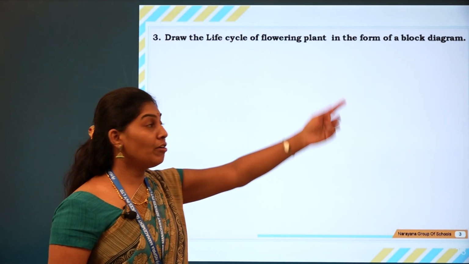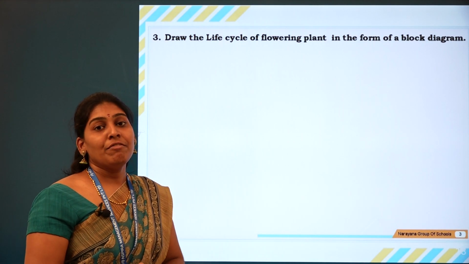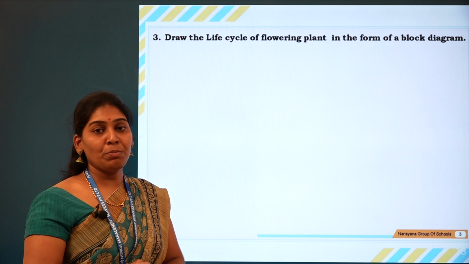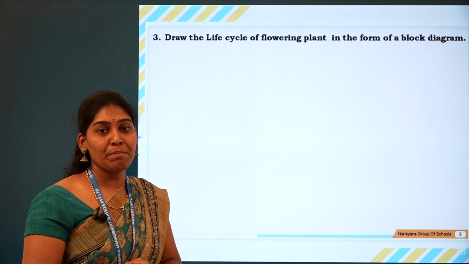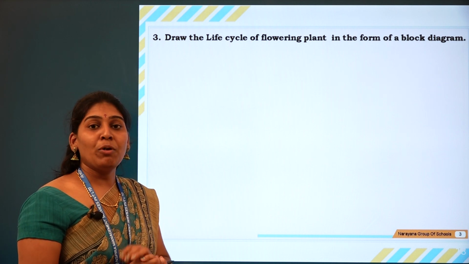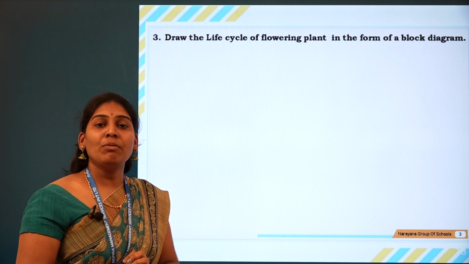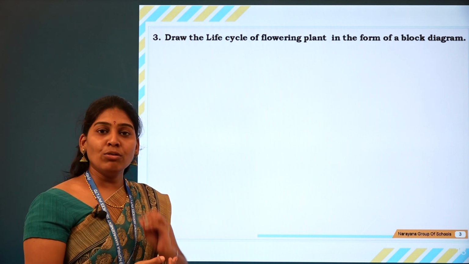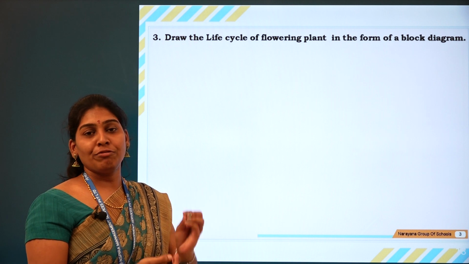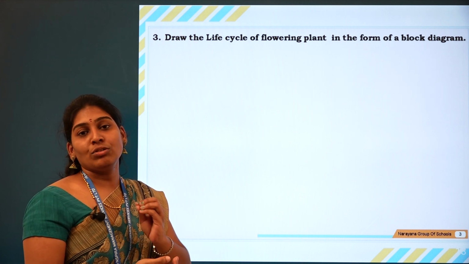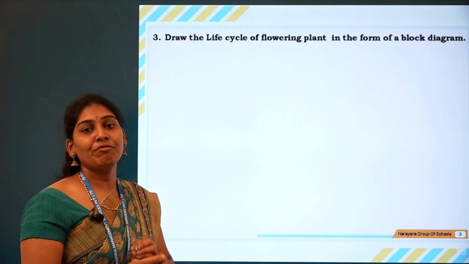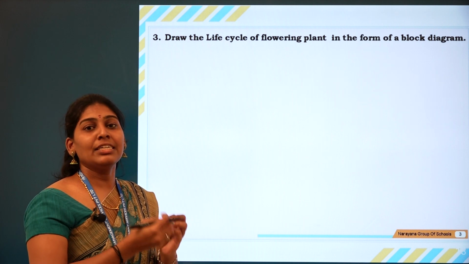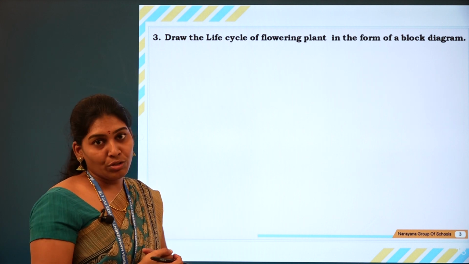Draw the life cycle of a flowering plant in the form of a block diagram. When it comes to the mature plant, it undergoes the pollination process, then forms a zygote, zygote to embryo, embryo to seed, seed to seedling, seedling to germination, and then again forms a mature plant.